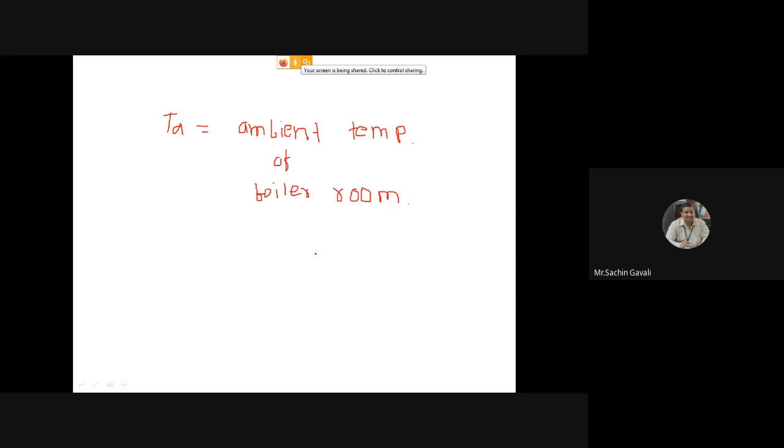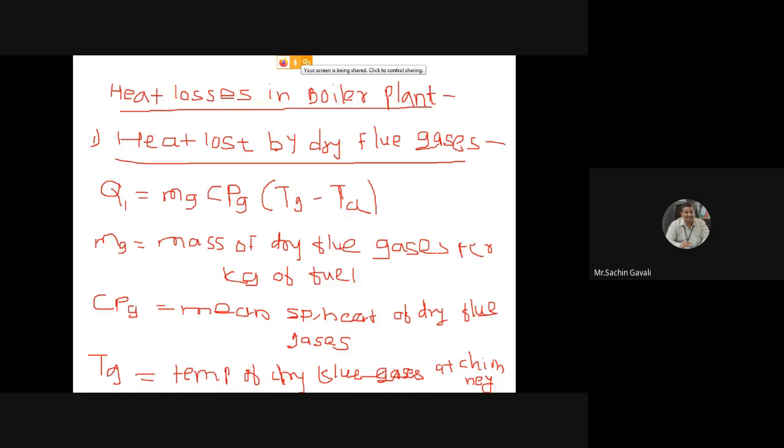Okay, if somebody repeats this formula, then we'll close today's lecture. So what is the formula to calculate heat loss due to dry flue gases? Kunal? Q1 equals mg Cpg into bracket Tg minus Ta. What is mg?